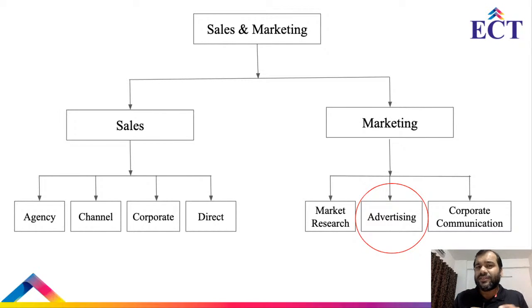For example, agency sales is where you sell your products and services through agents, and they get commission for their sales. Insurance is one of the best examples of agency sales. Not just insurance, but also LPG cylinders that we take from a certain agency. Agency owners get a commission on every sale that they make.